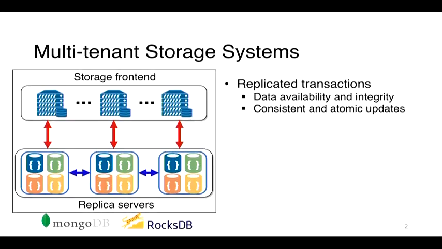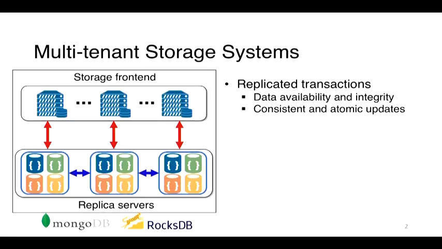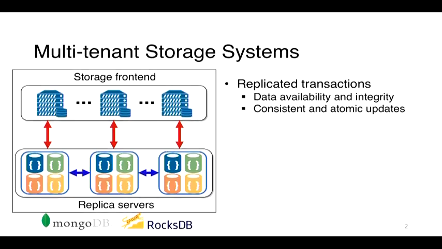To give you some context of this work, many online services today rely on replicated storage systems. For instance, Azure Storage, Amazon S3, open source implementations such as RocksDB and MongoDB. To achieve high availability, integrity, and consistency, these systems use some form of replicated transactions.